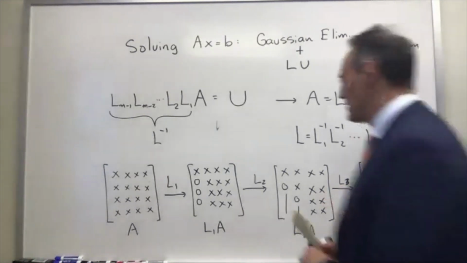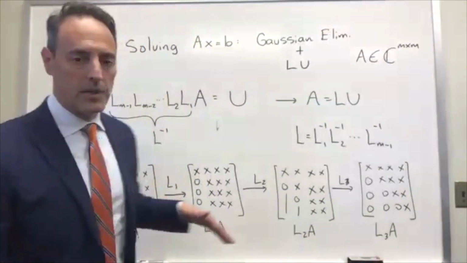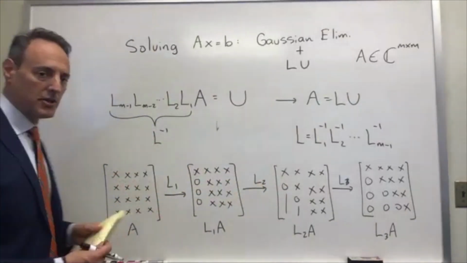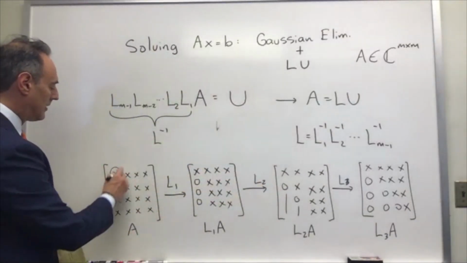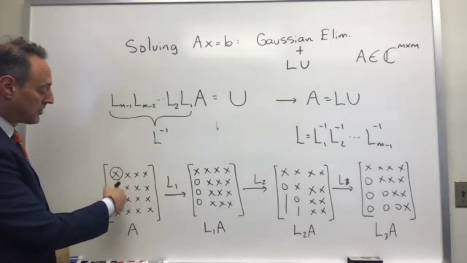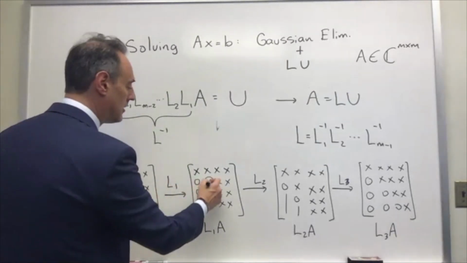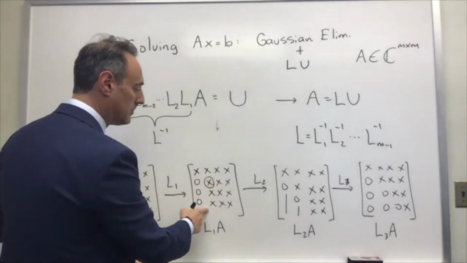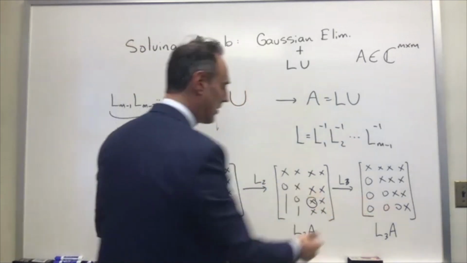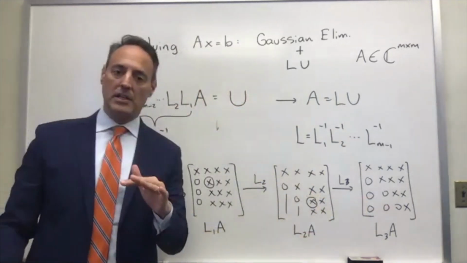So this is also the process of what we did exactly in Gaussian elimination. Remember Gaussian elimination, the idea was you pick the pivot, make everybody below it 0. Then you go to the next pivot, which is the next diagonal term, which is here, make everybody below it 0. Then you pick the next pivot here, make everybody below it 0. So that's what we did in Gaussian elimination.